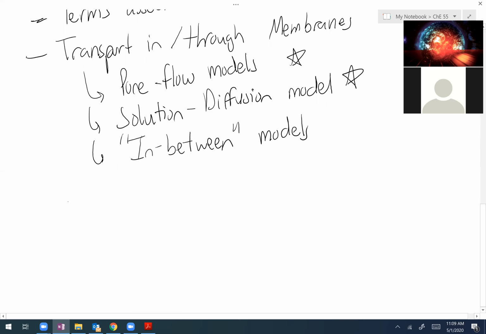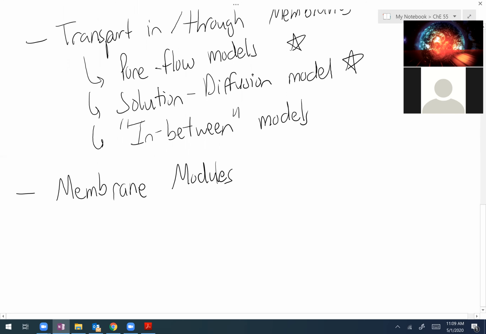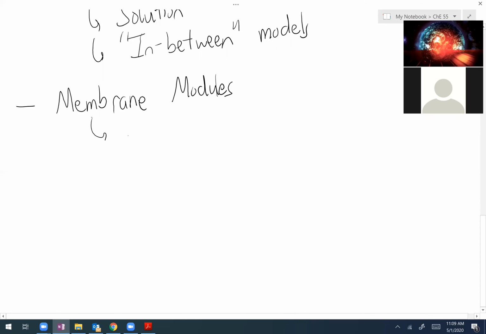Then we looked at membrane modules and the pros and cons of each of those. We looked at isotropic versus anisotropic membranes.